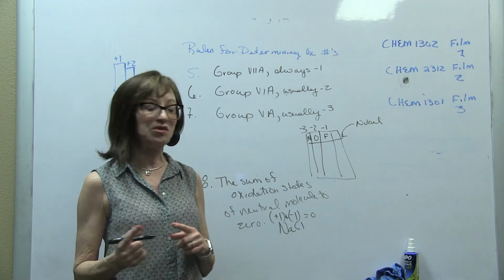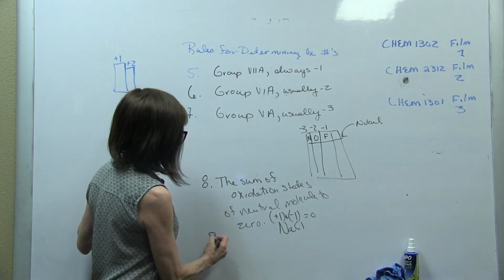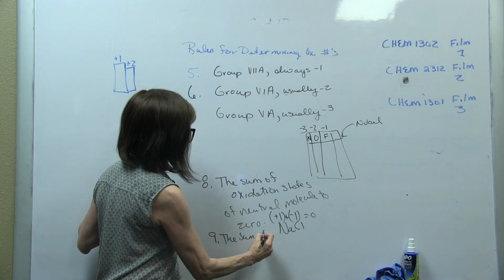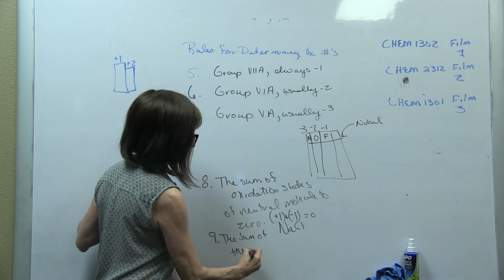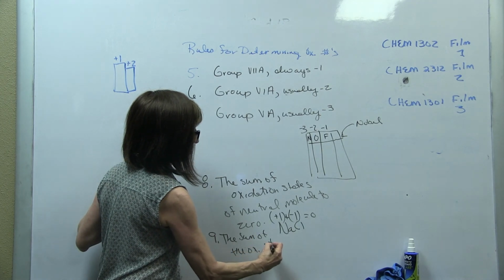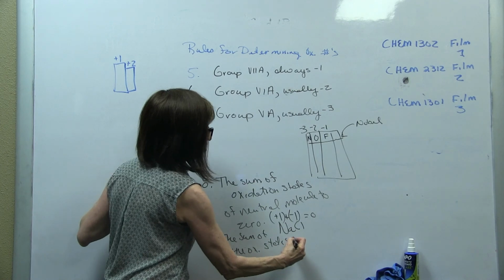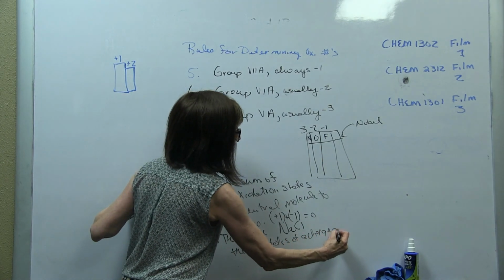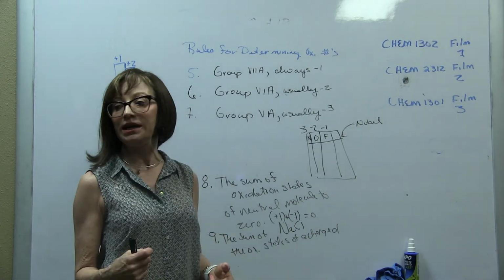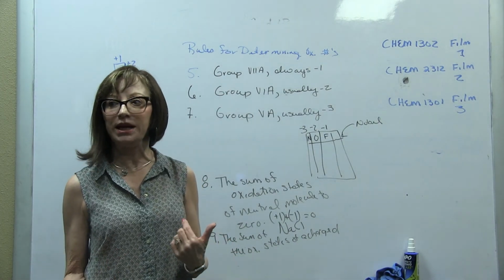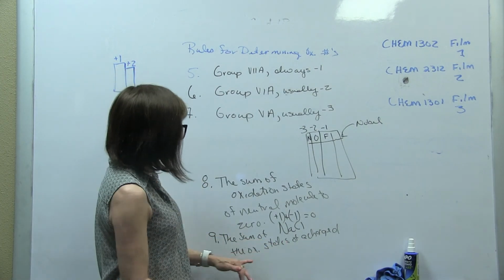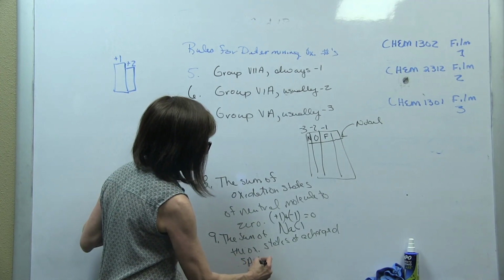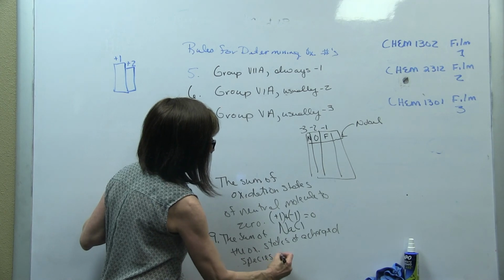Now, the last thing I want to do is say that the sum of the oxidation states of a charged species, whether it's negative or positive, if it's negative it would be an anion, if it's positive it would be a cation, is the charge.